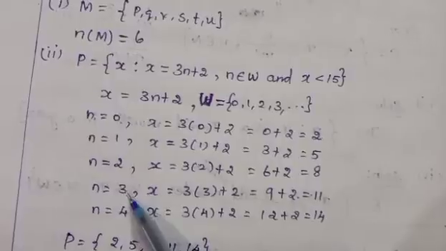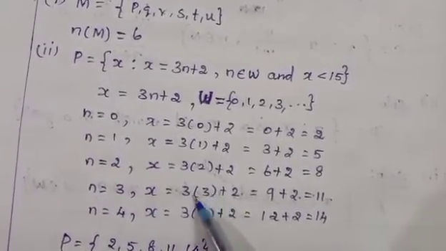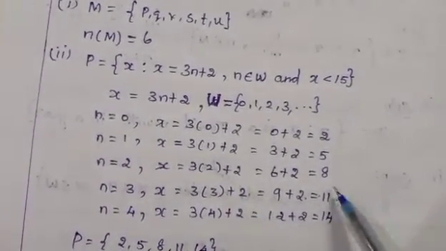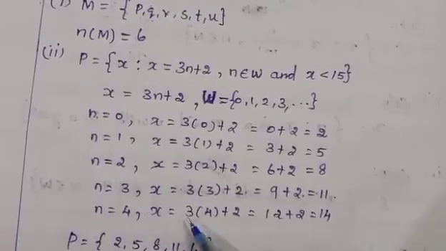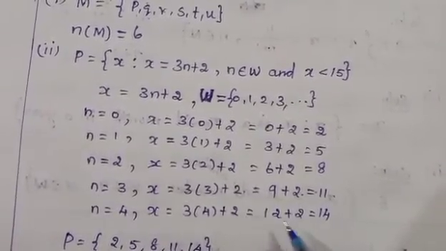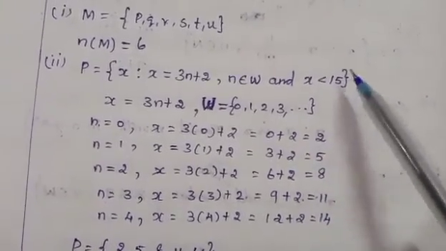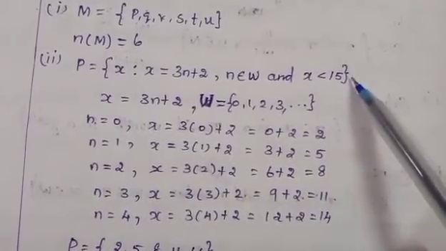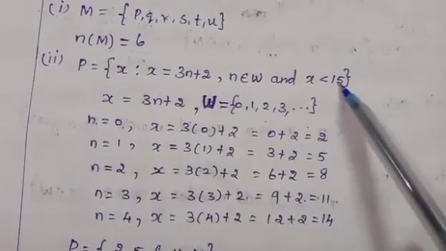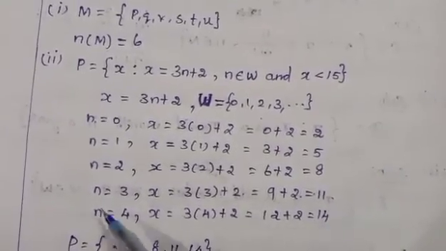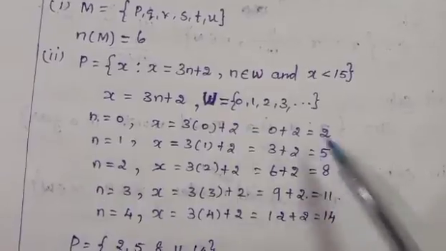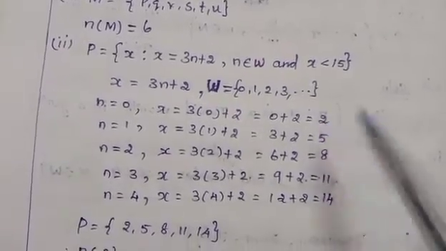n is equal to 3. So x is equal to 3 into 3, 3 threes are 9, 9 plus 2, 11. Then n is equal to 4. So that is 3 into 4 plus 2, 3 fours are 12, 12 plus 2, 14. Next, suppose you substitute 5, what do you get? More than 15. So you have to stop at n equal to 4. So you write the P values.